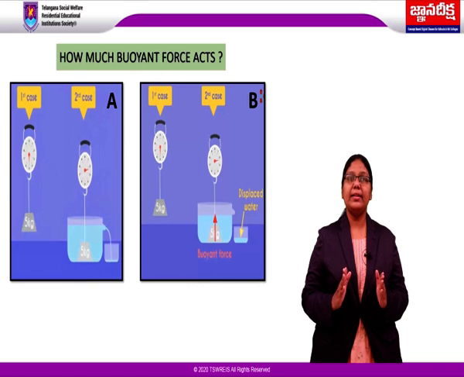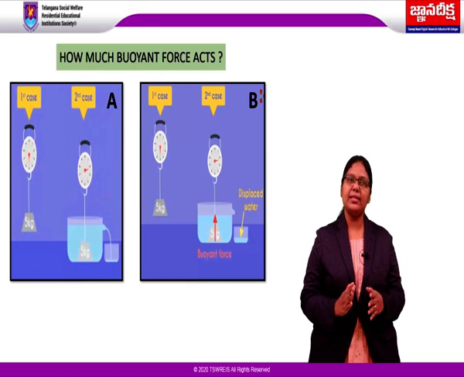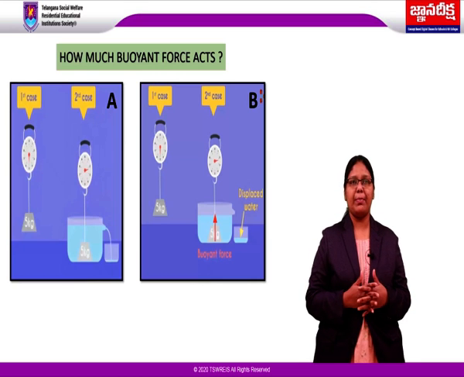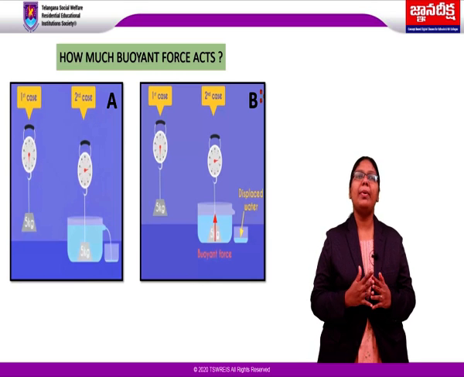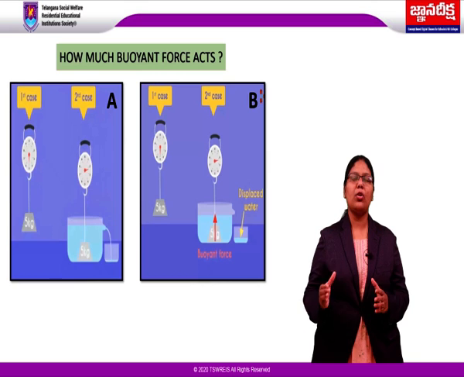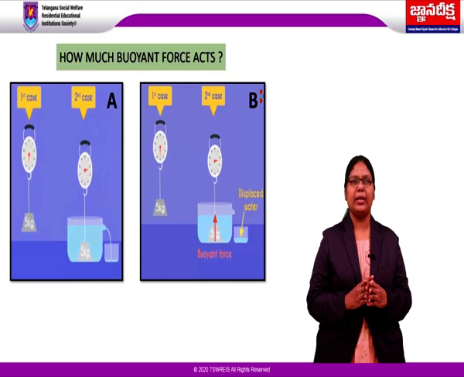We observe that the reading on the balance is decreased compared to the previous case. Why has this happened? This is because of the buoyant force acting on the object. You will also notice some water has been displaced and collected in the small container.